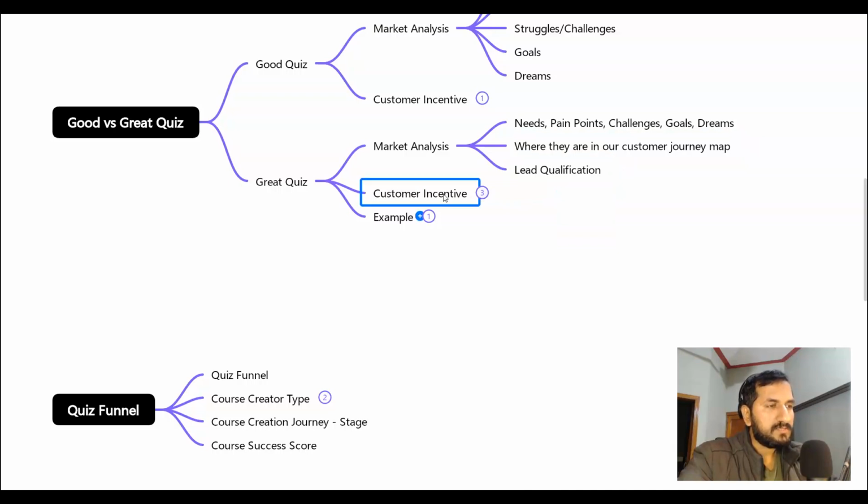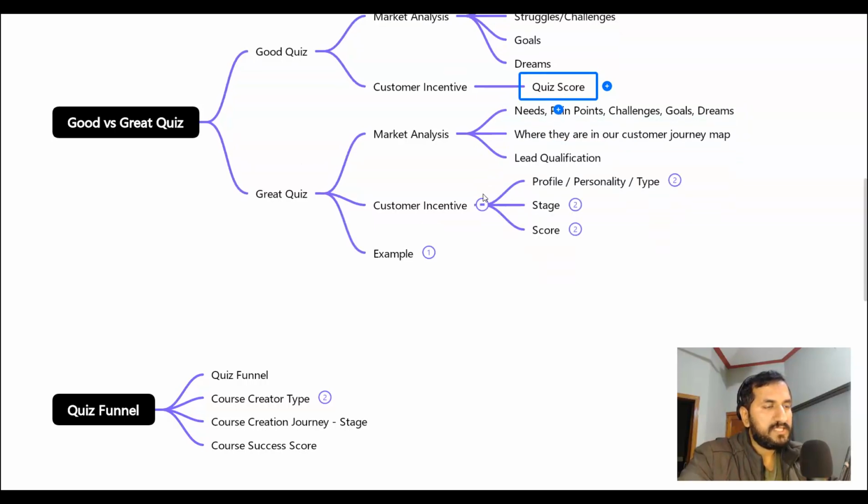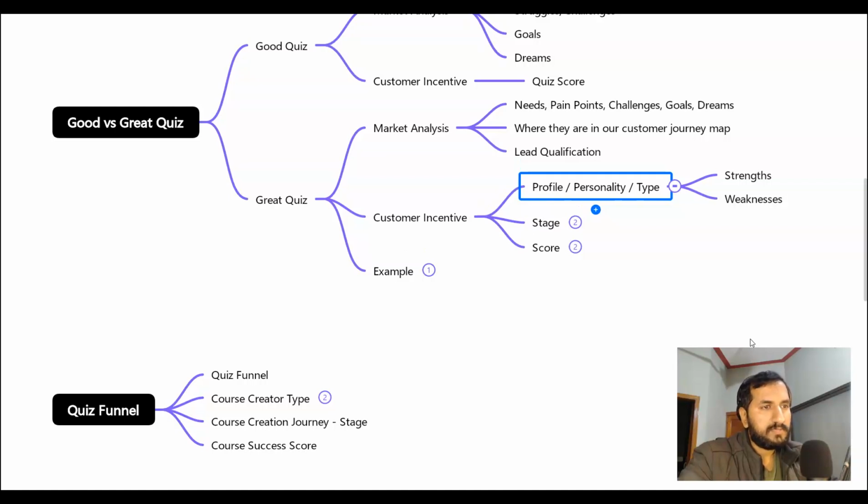Now, talking about the customer incentive, in a good funnel we normally have a simple quiz score like 90%, 60 or 80%, but we don't share other stuff that can engage them more. In great quiz examples, we share some more incentive, which can be their profile, personality, or a type. Based on their strengths and weaknesses, we are actually giving them a detailed profile or their type about their problem and the solution that we are offering them.